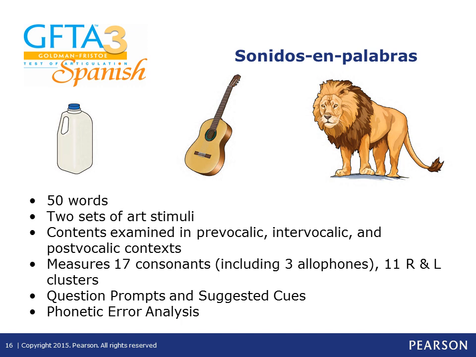The Sonidos en Palabras test includes two sets of stimuli, one for younger individuals, referred to as the cartoon art, and another set for older individuals, referred to as realistic art. It is recommended that the cartoon art is administered to children ages 2 to 6'11", and the realistic art is administered to individuals ages 7 to 21'11".